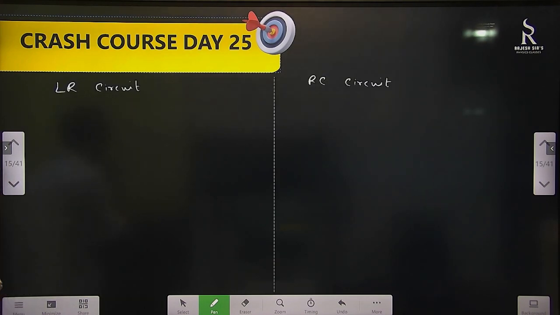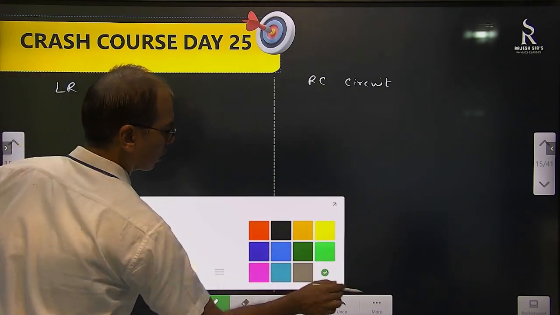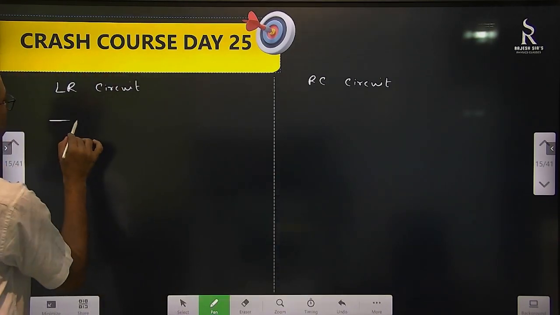Now the combination, L and R together, so the LR circuit. What do we have in the LR circuit? The LR circuit is like this.